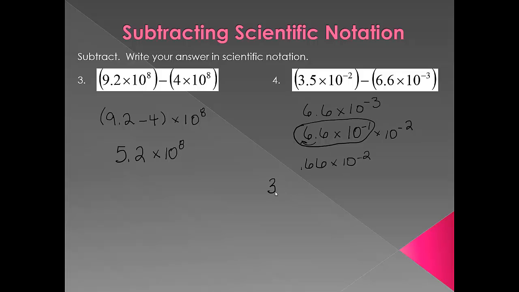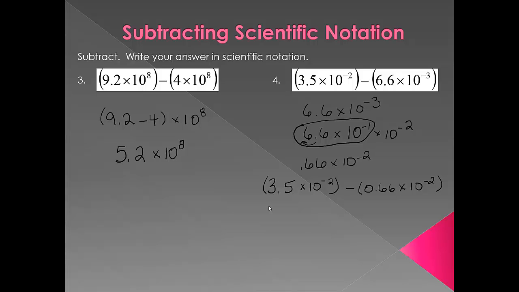So now my problem is the quantity 3 and 5/10 times 10 to the negative second power minus 66/100 times 10 to the negative second power. Now I have the same power of 10, so I can go ahead and subtract.